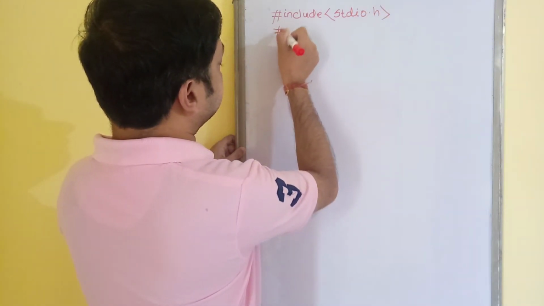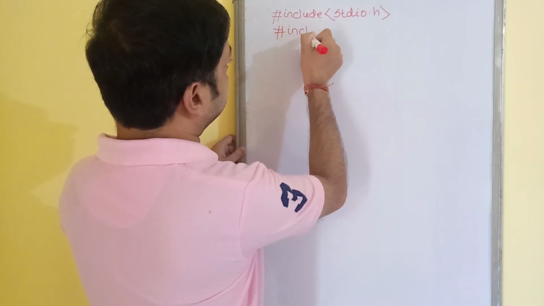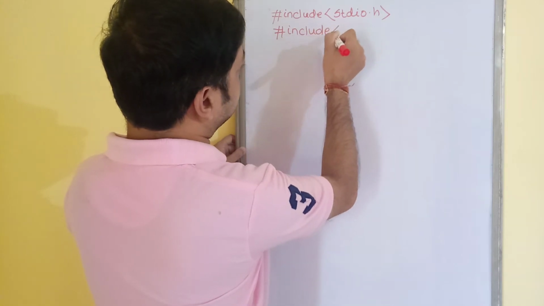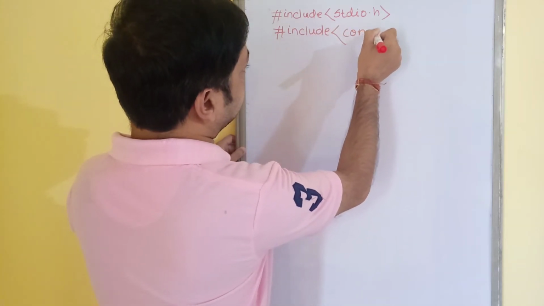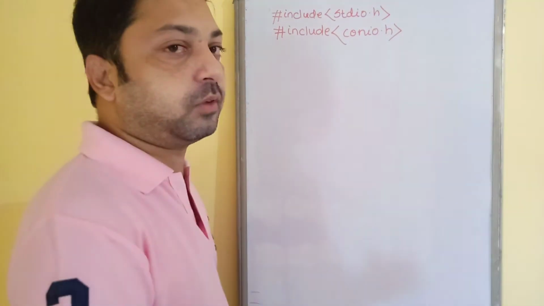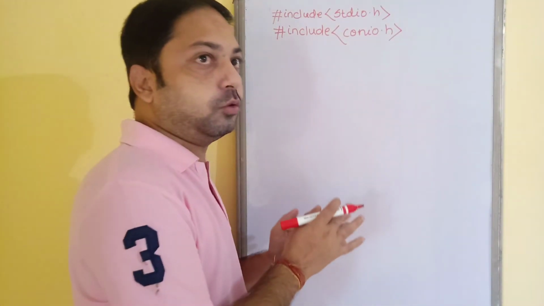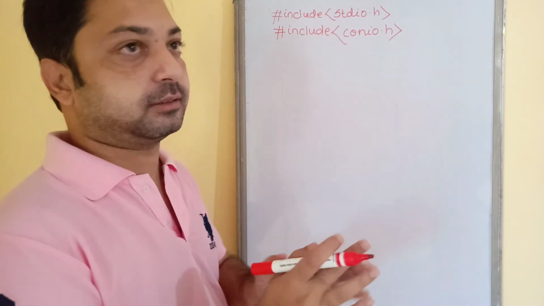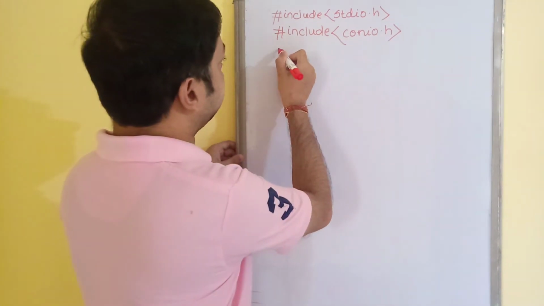Second one is #include, it is conio.h. And third one, after the header file, what you need to do, you need to declare the function. So just see how to declare the function.